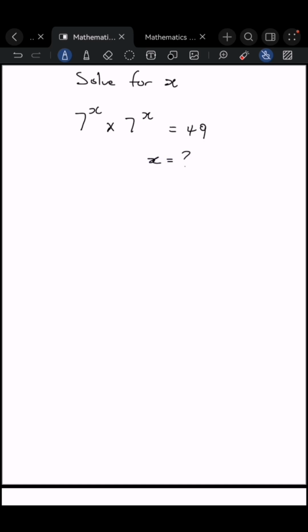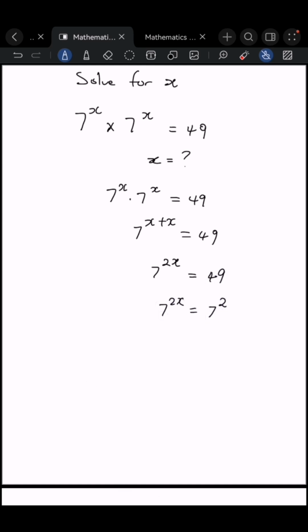Okay, by knowing the rules of exponents, we realize that 7 to the x times 7 to the x is equal to 49 simply means 7 to the x plus x is equal to 49. Therefore, 7 to the 2x is equal to 49. Therefore, 7 to the 2x is equal to 7 squared. Therefore, 2x is equal to 2. Therefore, x is equal to 1.